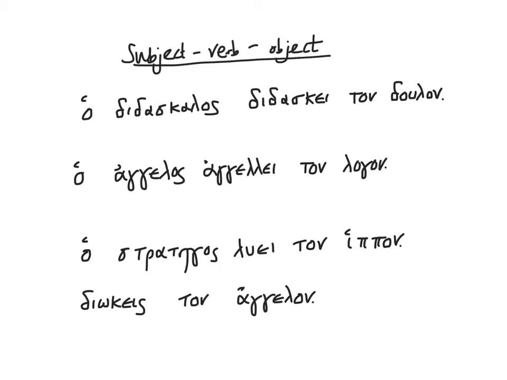One of them is very slightly different to the others. Let's translate them. Ho didaskalos. Ho is the. Didaskalos, didactic, is our link word. Teacher. Didaske looks very similar. This is a verb which is connected to that noun, and it means teaches.